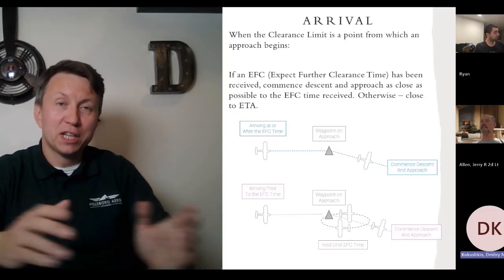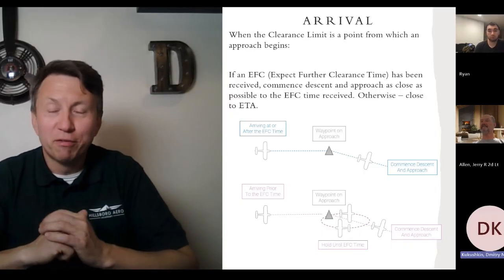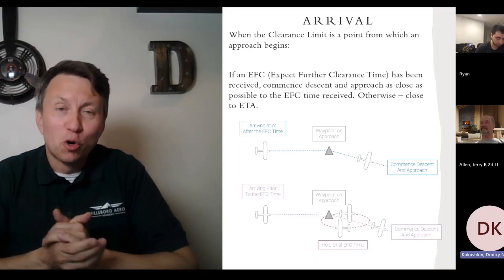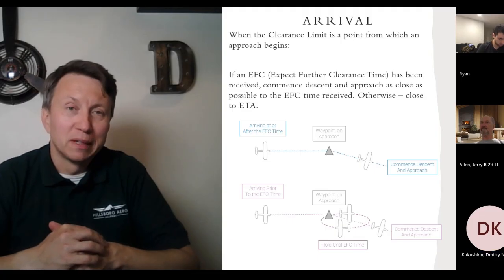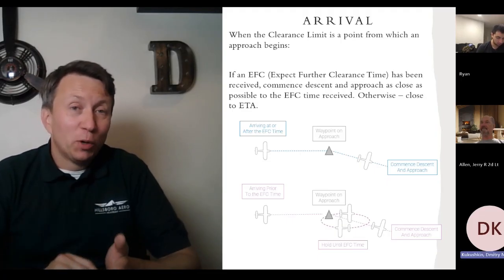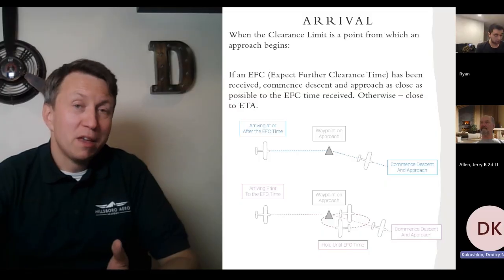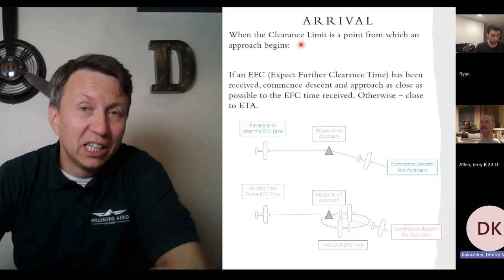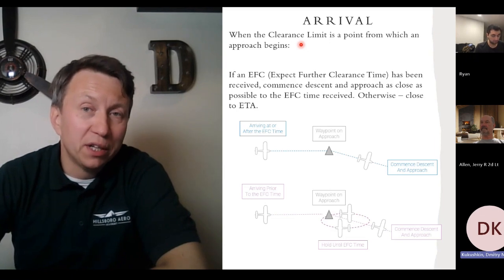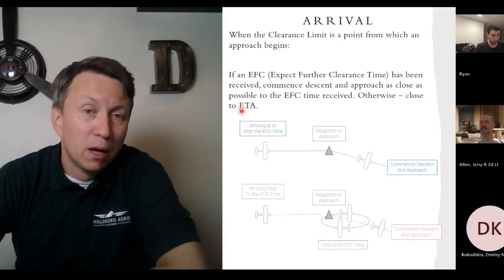Arrival. Now that's another tough part for the lost comms. And I have to say, not without some contradiction. Specifically what it says is, in the unlikely case that the clearance limit you were given is a point from which approach begins, then either at EFC time or at your ETA time, you will start the approach.